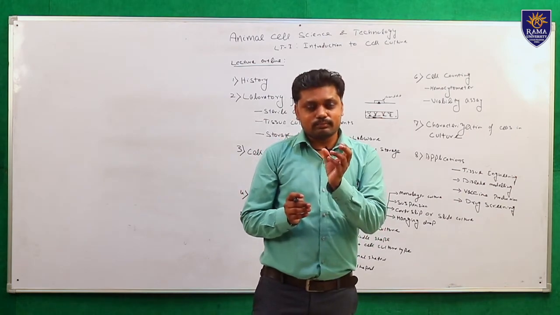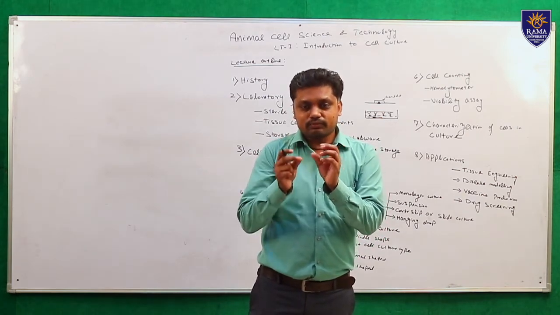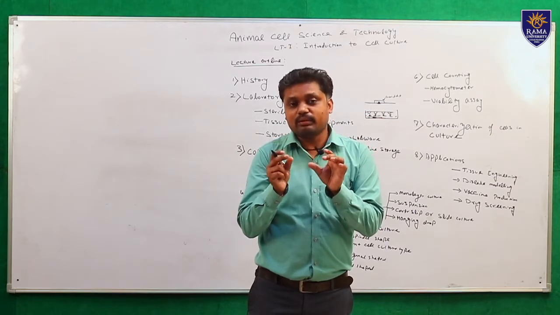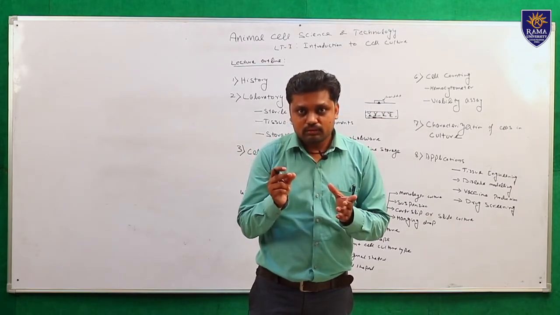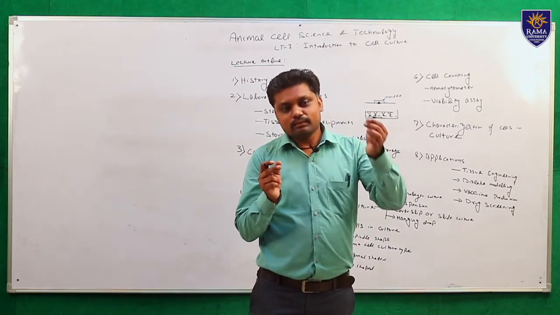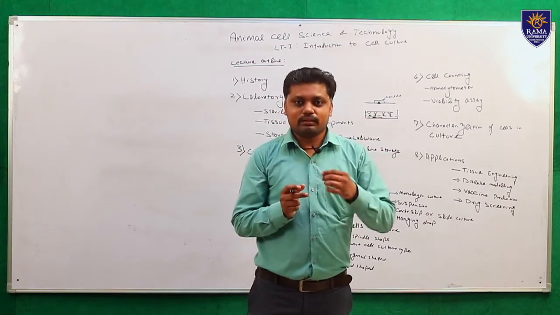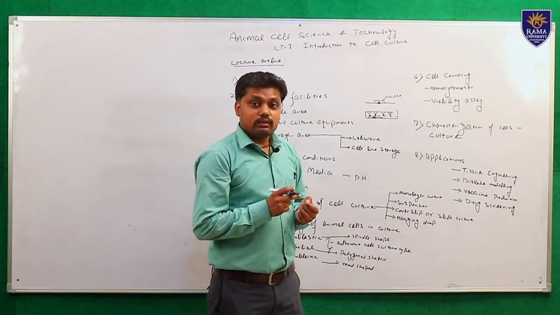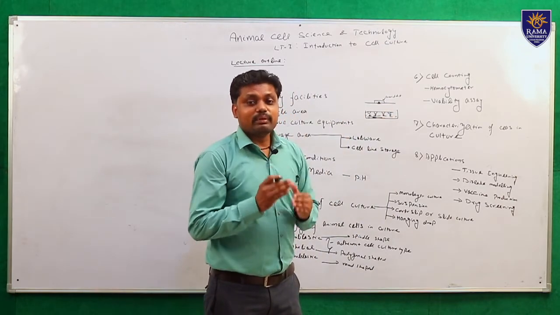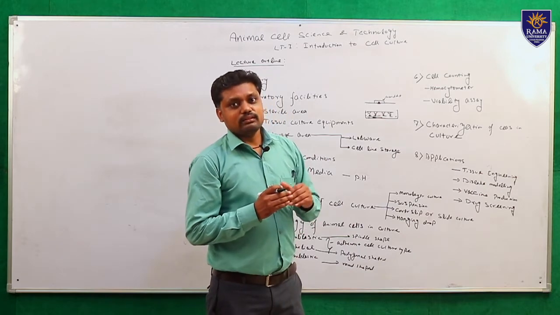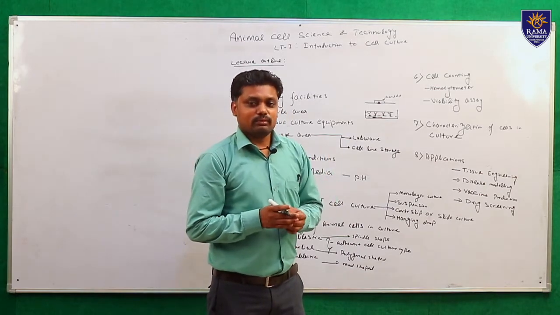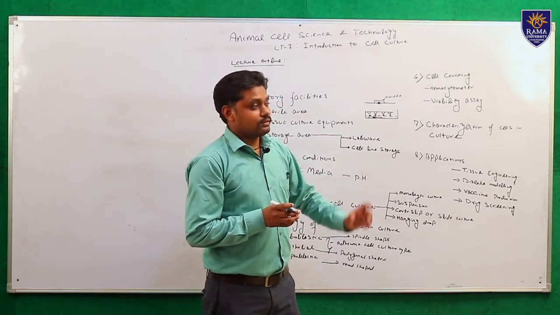Because after cell death, the permeability of the cell membrane gets disrupted, and the dye enters into the cell and colors it. Whereas in living cells, the cell membrane is intact and the dye is unable to penetrate, and hence it is unable to stain it and it looks transparent.